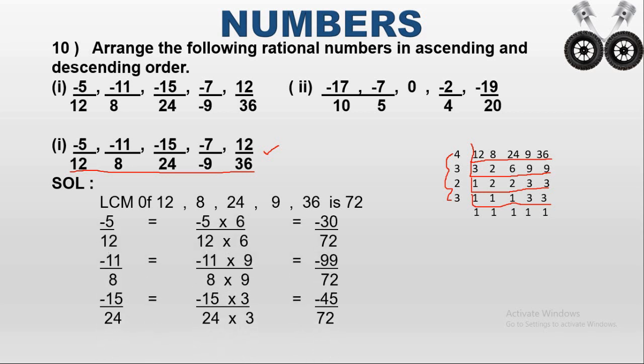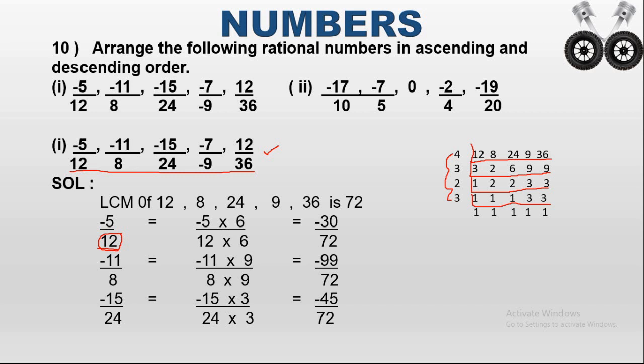Now we have to make the denominators equivalent to 72. The first rational number is minus 5 by 12. Here the denominator is 12, and we have to make it 72, so I multiply numerator and denominator by 6. Minus 5 into 6 is minus 30, then 12 into 6 is 72.